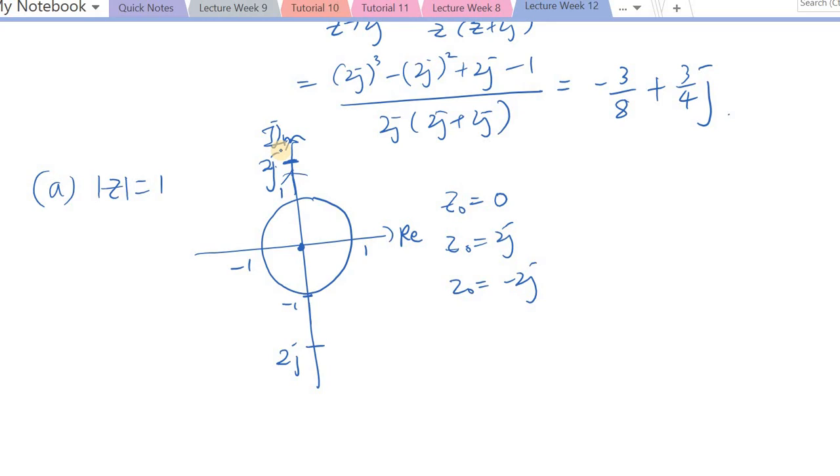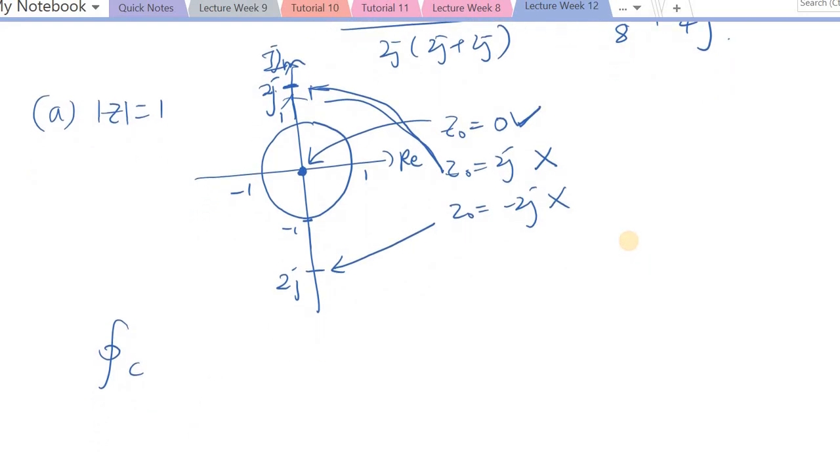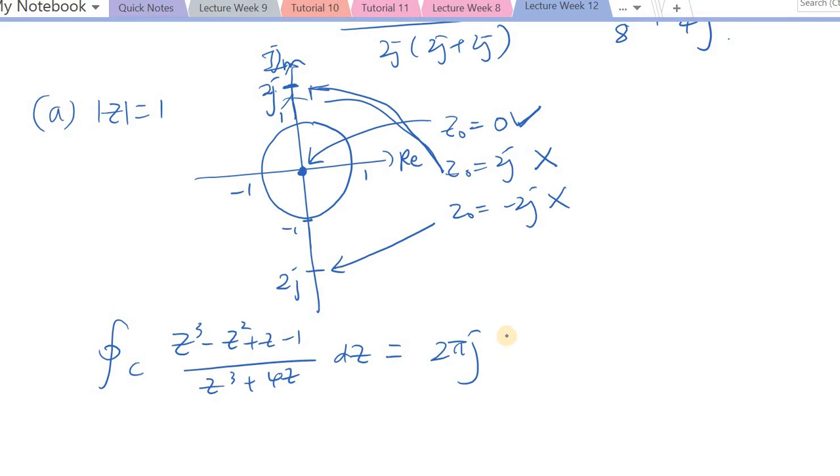And you notice that only this point is inside the contour. For 2j here, this is outside the contour. In other words, negative 2j is also outside the contour. So the integral of f(z) equals 2 pi j multiplied with the sum of residues.